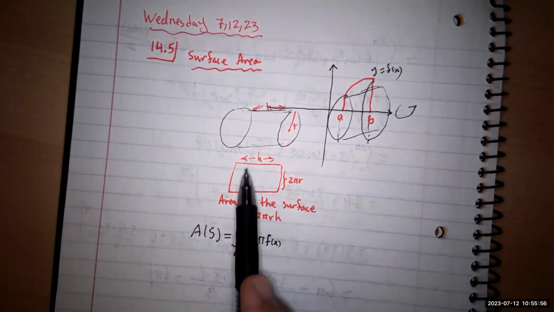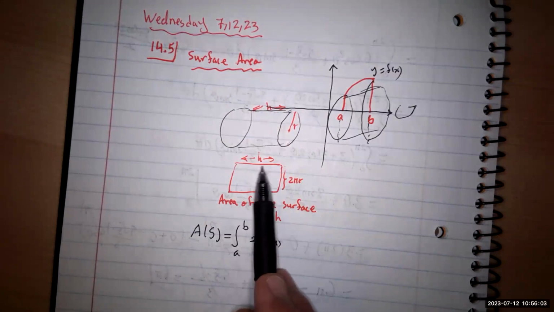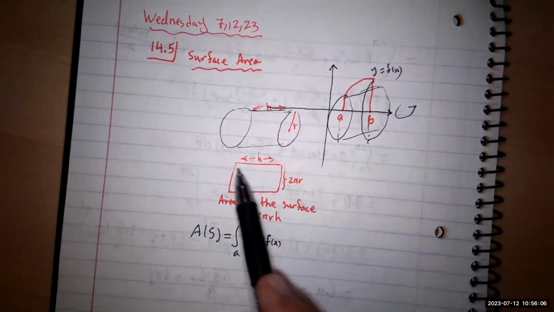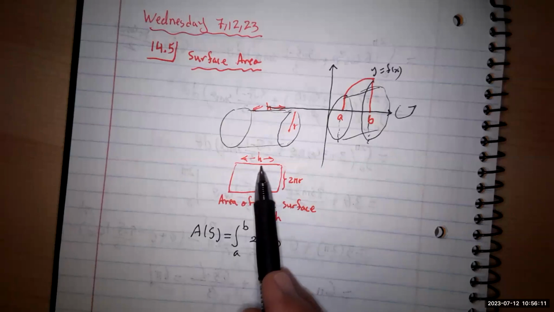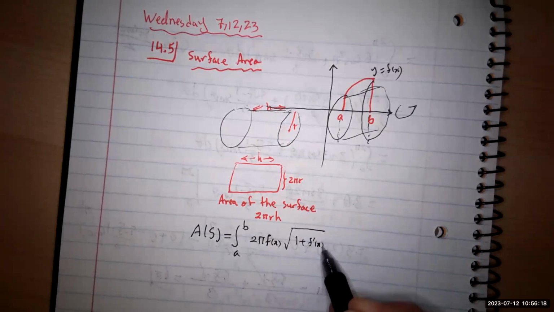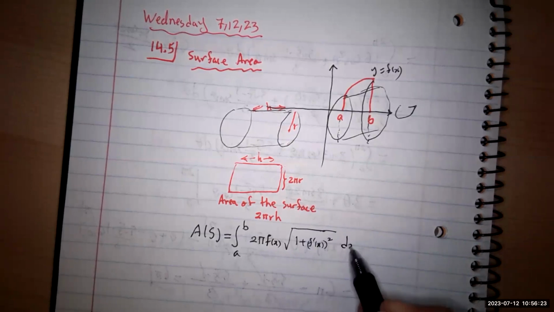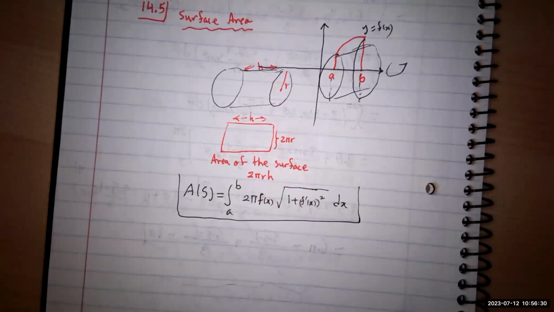It's not going to be a straight line, so you have to find this distance, which for a curvilinear one is going to be the arc length, which is the square root of 1 plus f prime of x all squared, dx. So this is what we did for the function of one variable in calculus 2.